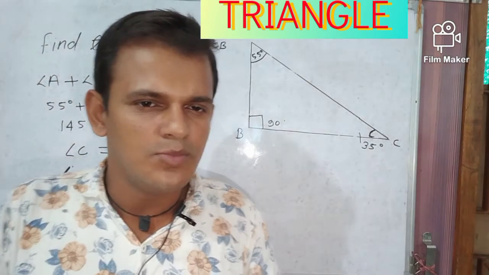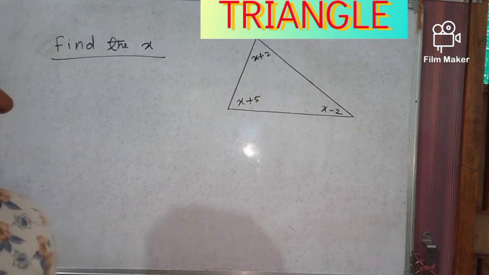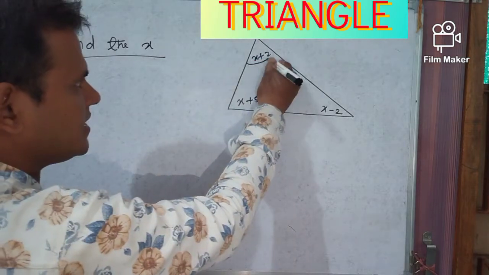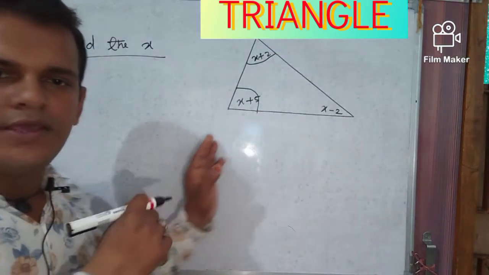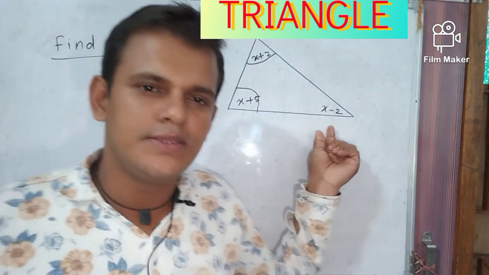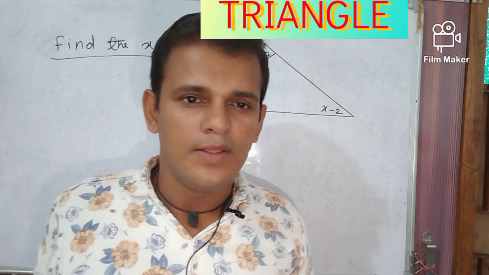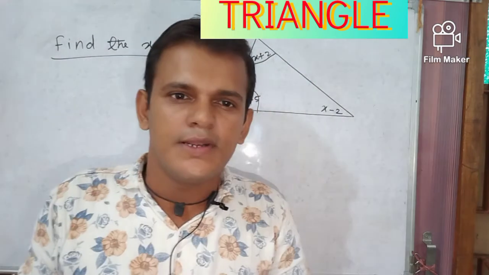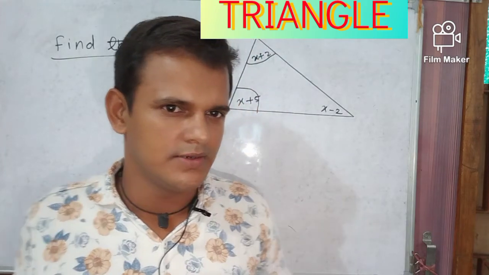Okay friends, so move to question number 2. In this figure, find the x. This angle is given as x plus 2, this angle is given as x plus 5, and this angle is given as x minus 2. So our target is to find x. We know the interior angles in the triangle sum to 180 degrees, right?